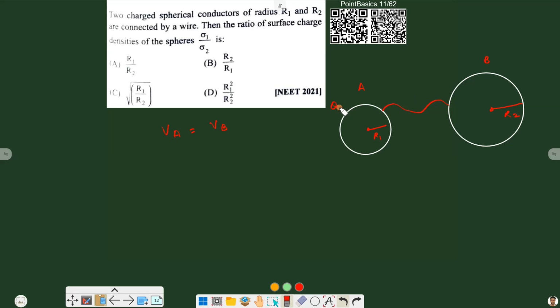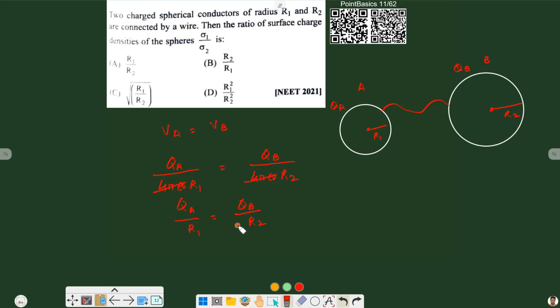Suppose its final charge after interchange is QA, and the other's final charge is QB. So their potentials: QA by 4 pi epsilon node R1 is equal to QB by 4 pi epsilon node R2. 4 pi epsilon node gets cancelled. So QA by R1 is equal to QB by R2.